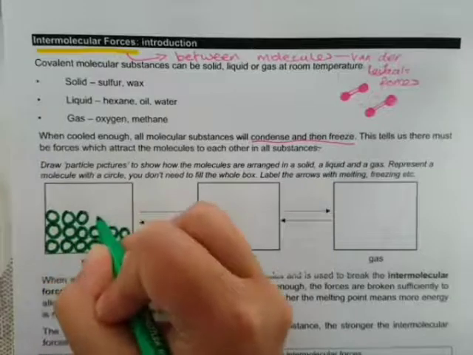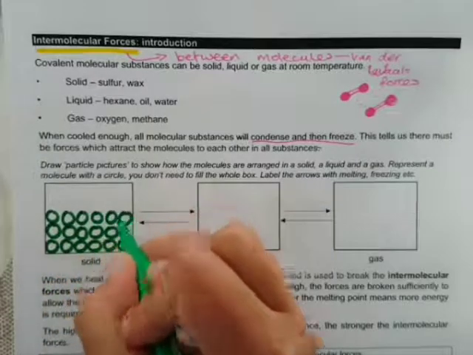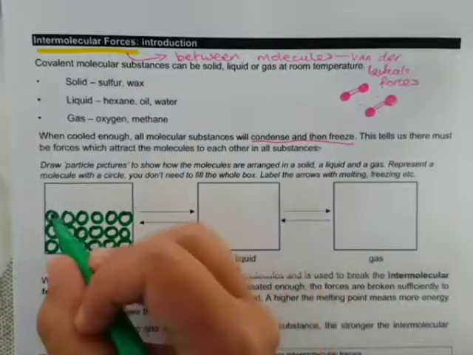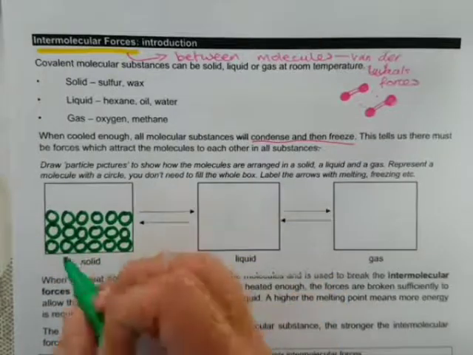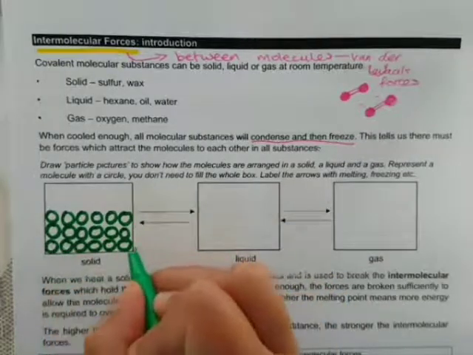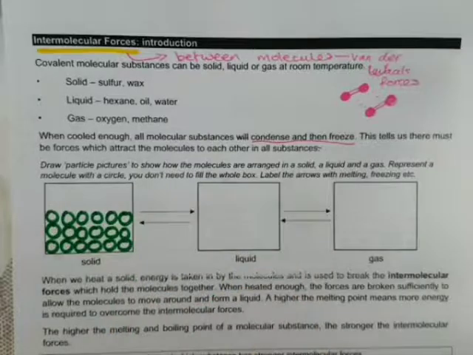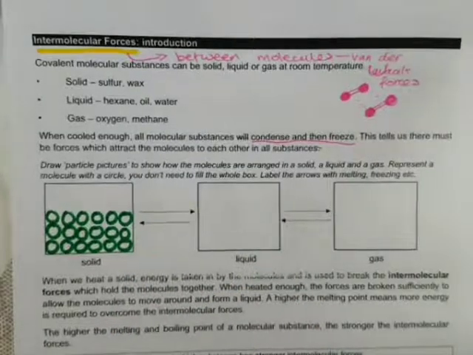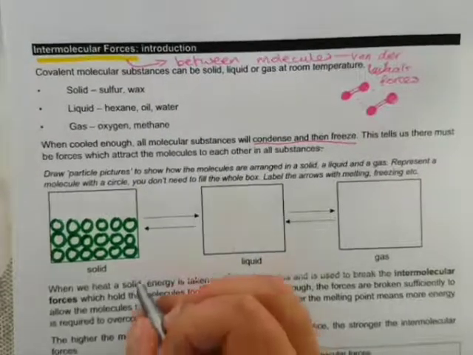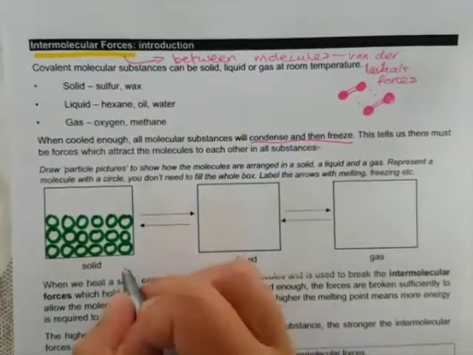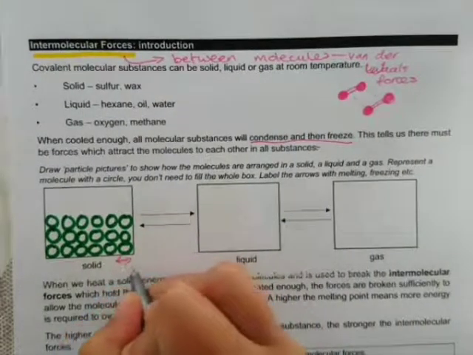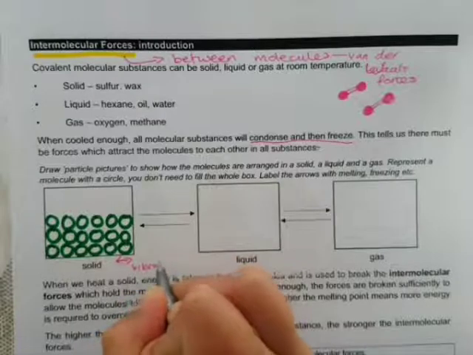So in a solid, our molecules are arranged in nice regular rows. They are touching each other, they're very close to each other, haven't drawn them quite touching, and they are not able to move freely, but they are vibrating.